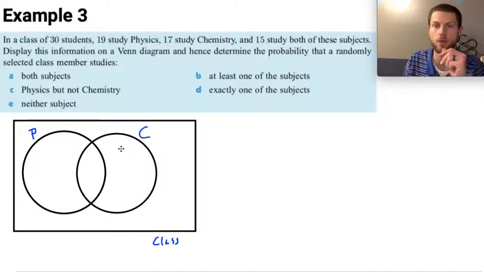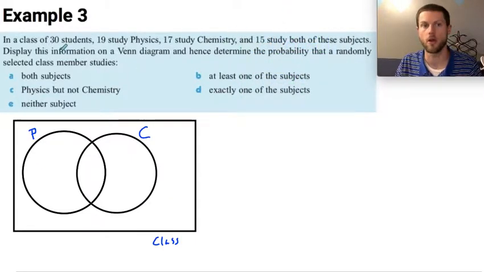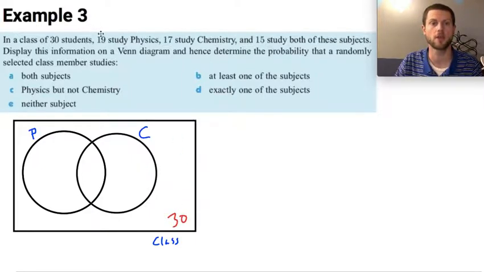Now, before we fill this in, let me show you what we should not do. This is a common mistake that some students make, where we're just taking the numbers and just putting them into the Venn diagram, just kind of shoving them in. So I might say, okay, there's 30 students, so I put 30 in the sample space, 19 study physics, so here's 19, 17 study chemistry, there are 17, and 15 study both of these subjects.